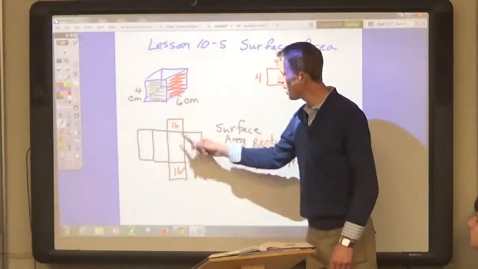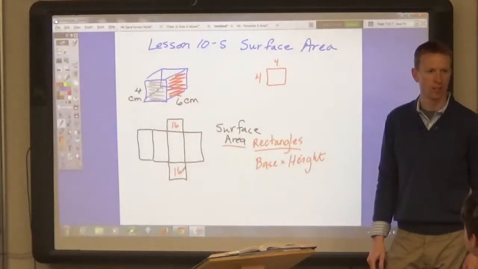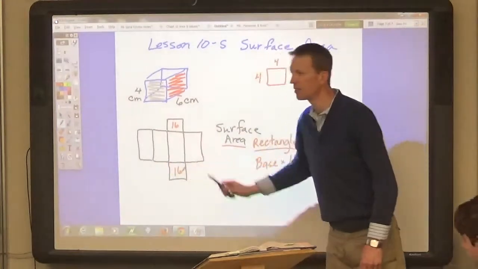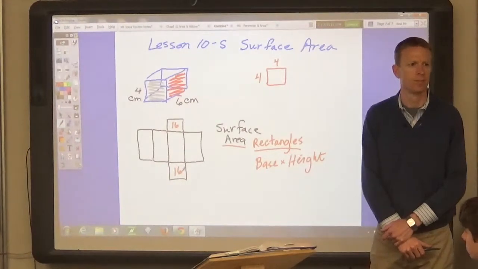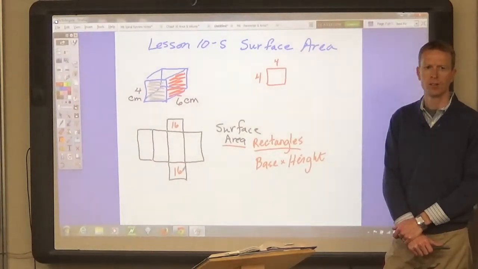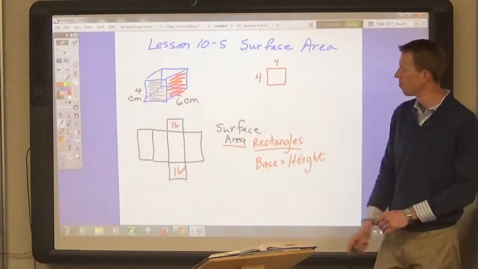Now, since these are squares, these all have to be equal as well, right? So what are the areas of each of these? Why would they be 32? Hunter? Why would it be 32? What are the areas of the rectangles? It looks like it's just twice the side, but it's given to you.